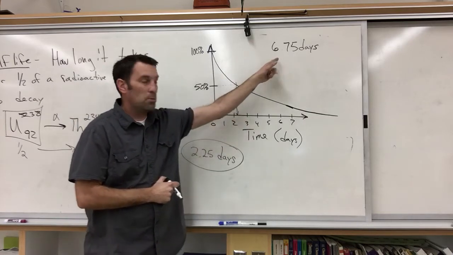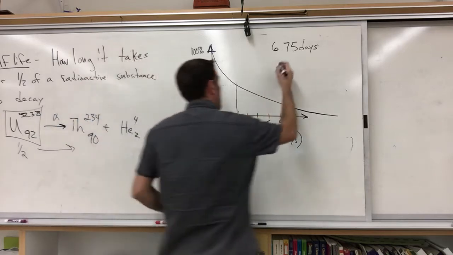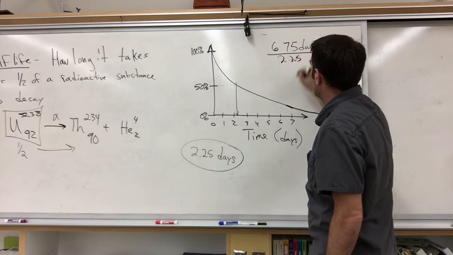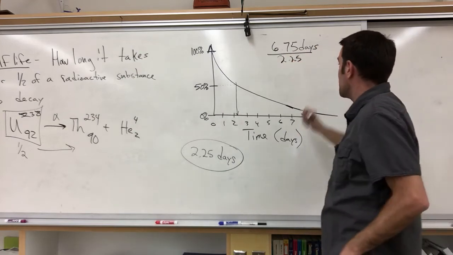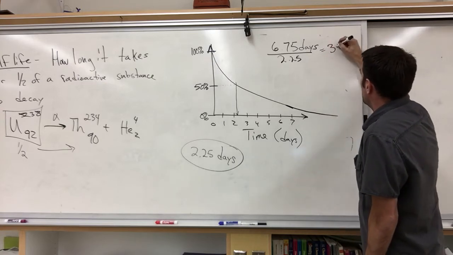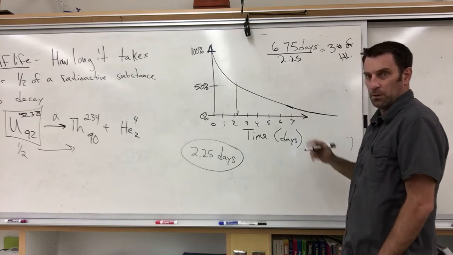All right, so you'll find the half-life, and then they'll ask you to use it. If we're at 6.75 days total, we just take this and divide it by 2.25 days. And if I did this right, that should equal 3. And this would tell you the number of half-lives. It's pretty simple.